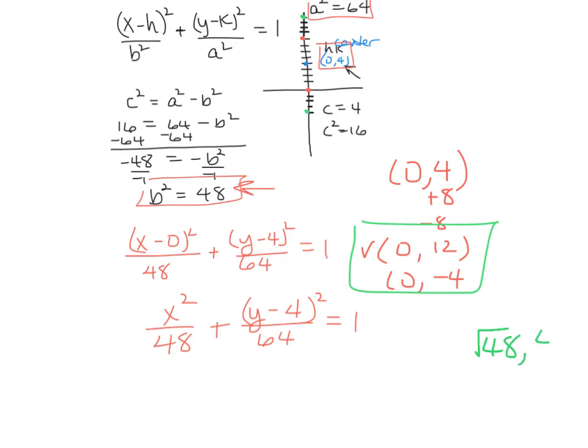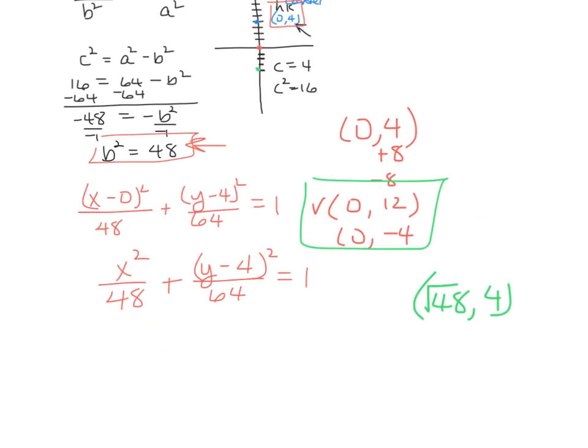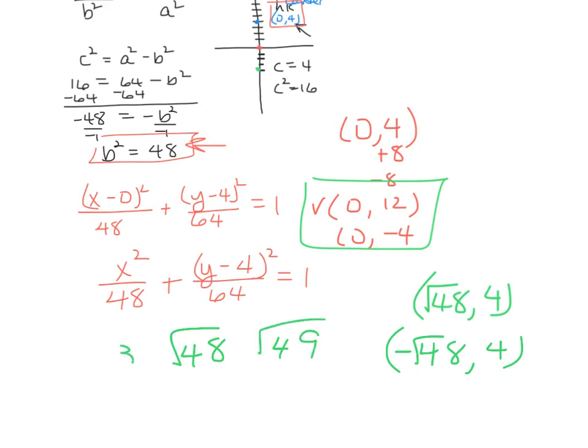So it'd be square root of 48, 4, and negative square root of 48, 4. Just think of it like this, that the square root of 48 is in between the two perfect squares, 6 and 7. It's closer to 7. So I would graph this up just a little bit, maybe like negative 6.9, 4, and then positive 6.9, 4.